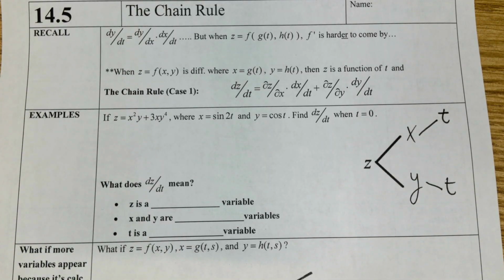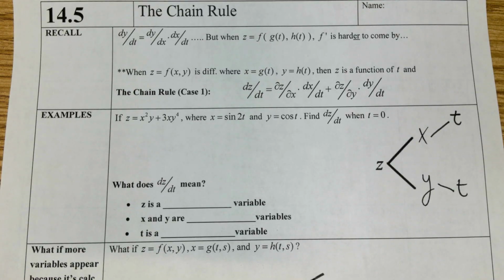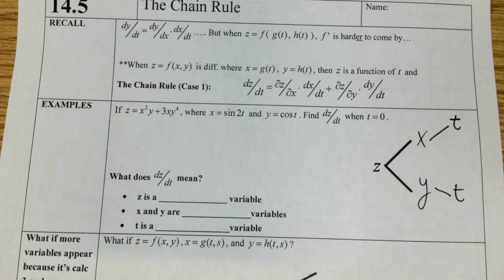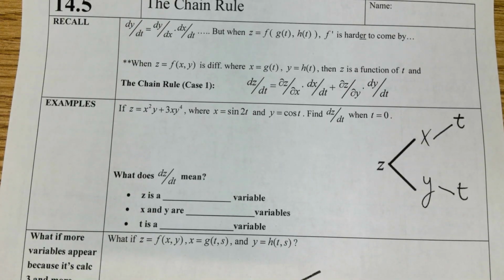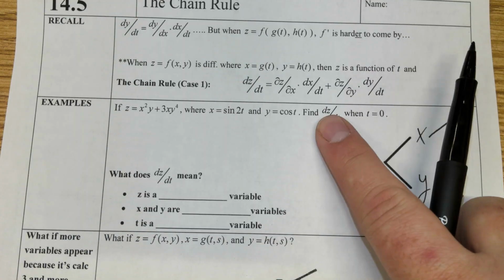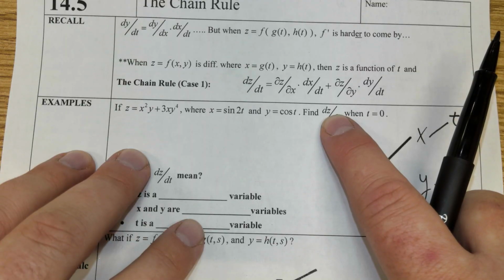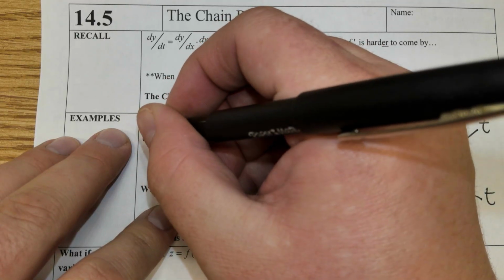So if I can show that direct linear dependence, then I can write a full-blown differential. If I have this partial split where it's going in multiple directions, I have to show that partiality through the partial derivative. All right? So if I want to find dz dt as this question suggests, I need to find the part of z that depends on x, and then the part of x that depends on t. Watch.